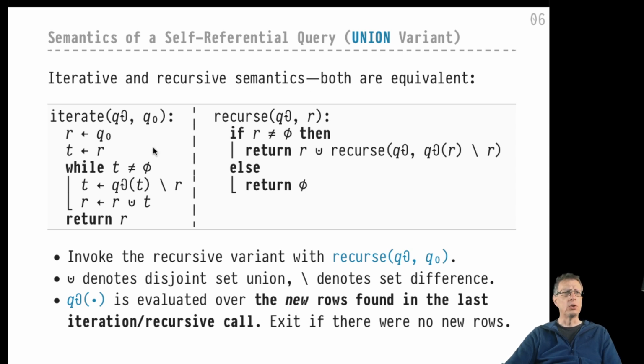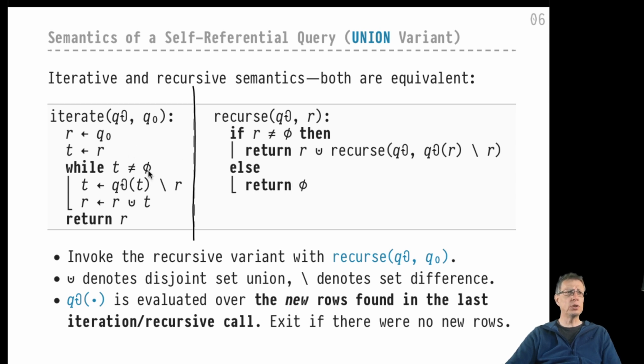So indeed, let's look at the semantics here and let's look at this divider, because this divider tells us that this box gives you two equivalent versions of the semantics. You could either look at the left-hand side or at the right-hand side of this divider. You will find equivalent descriptions of the semantics.